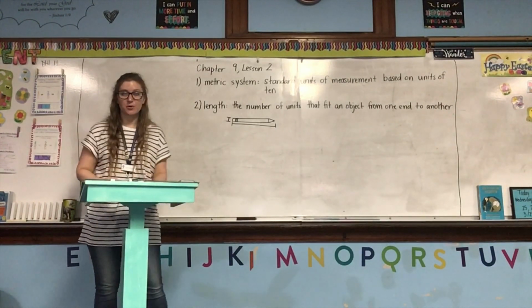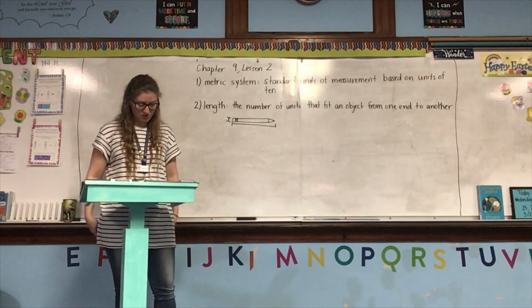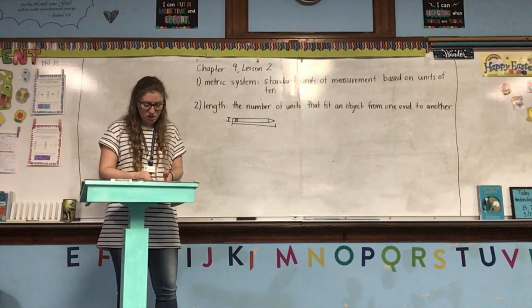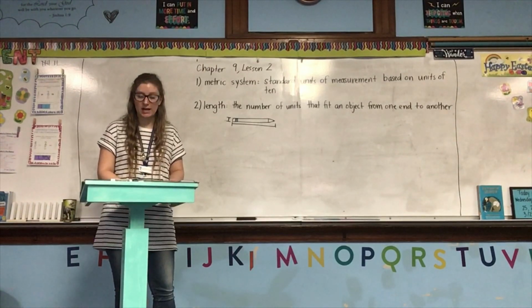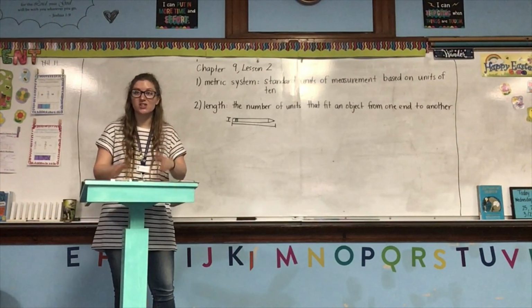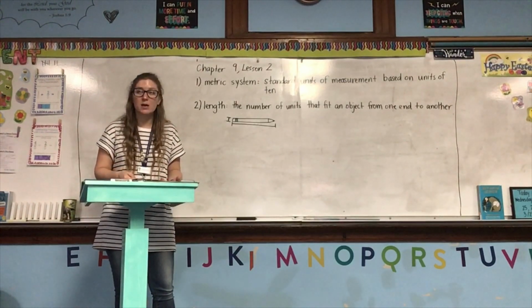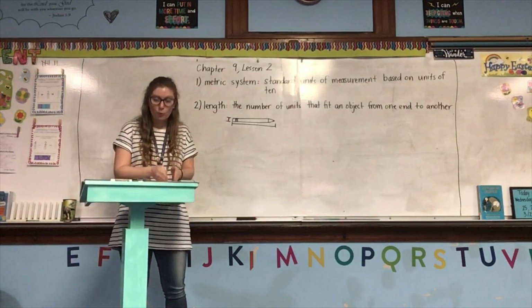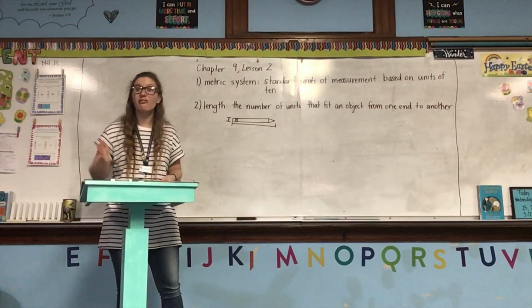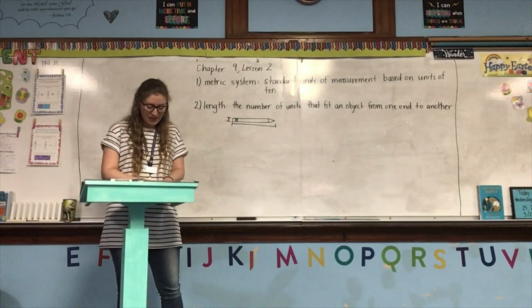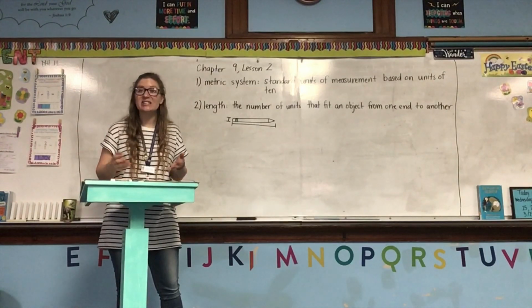So let's look at these crayons at the bottom of page 422. They told us you can measure length in centimeters or inches. So centimeters and inches are those units. And when we want to measure the length, we want to go from one end to the other. So from the pointed end that you draw with to the flat end on the back, that red crayon is about 10 centimeters.